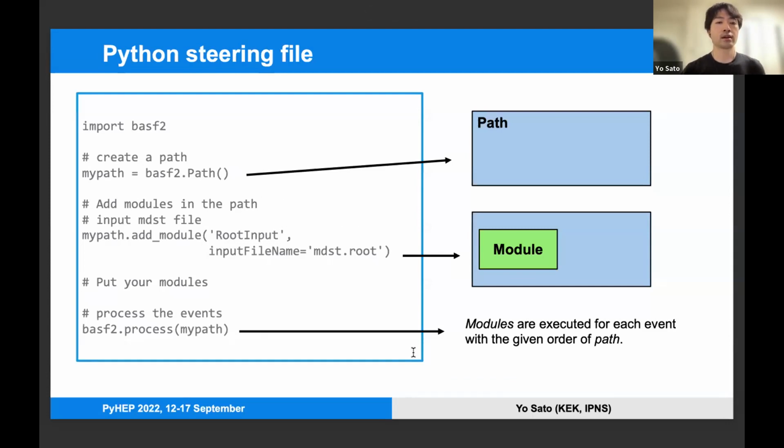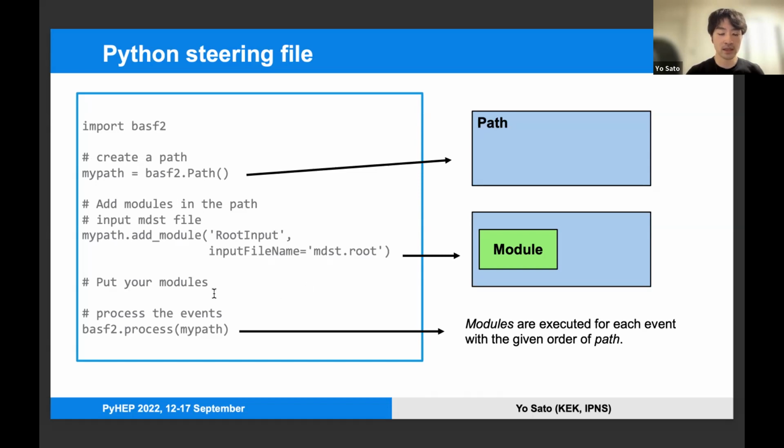So here is a typical simple steering file using Python. Firstly, import the PyHEP2 framework, then create a path at first. Then one can add a module in this path, calling the add module function.